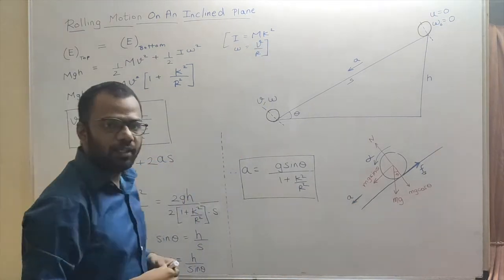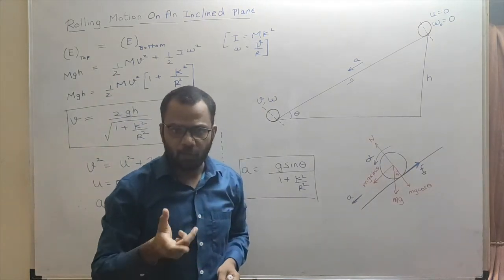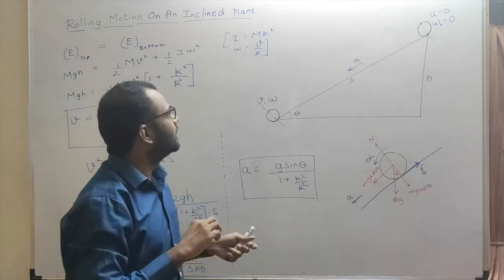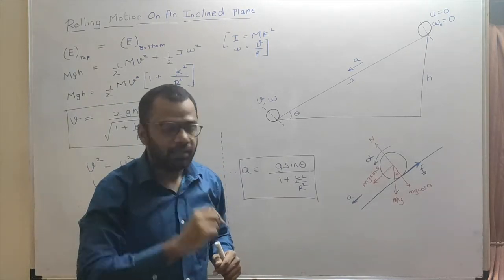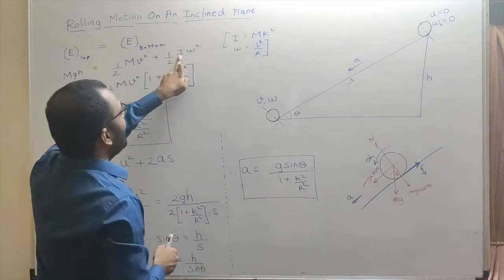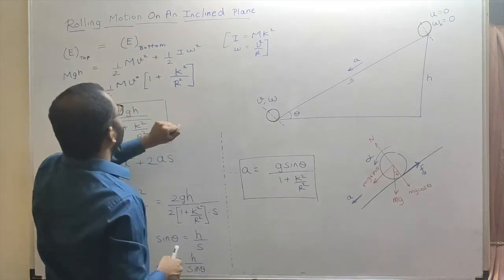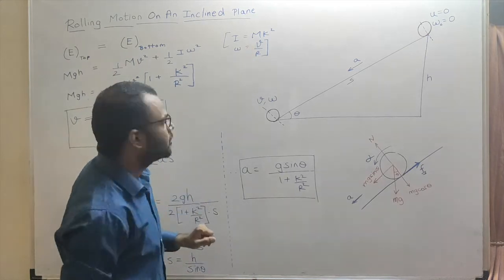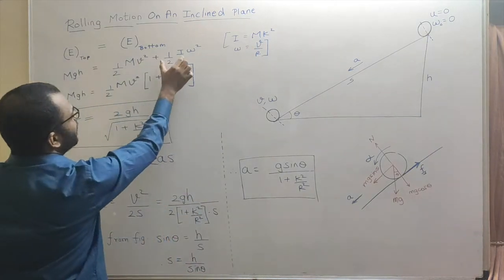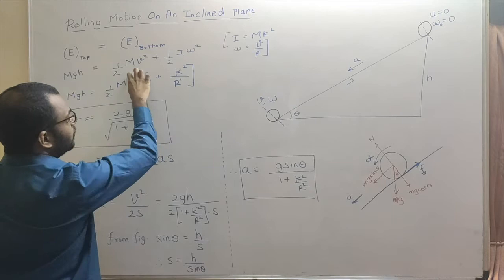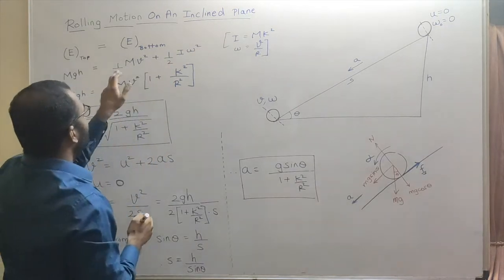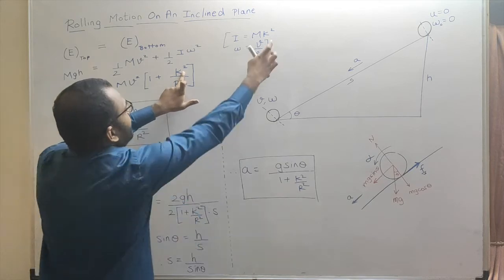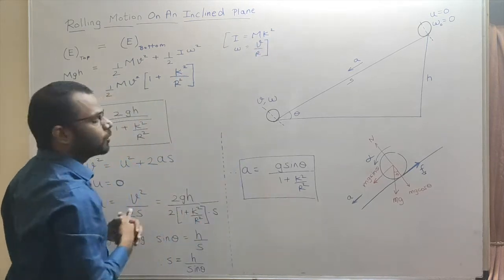Omega is equal to v upon r, because it is pure rolling, that we have studied previously. Instead of I we write mk square, and instead of omega square we get v square upon r square, and hence half mv square is common in both the terms. In the bracket we have 1 plus k square upon r square.